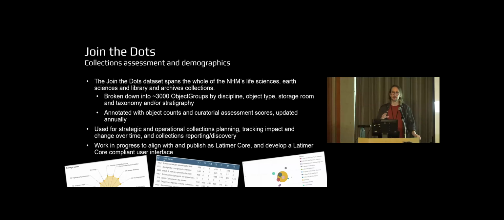So it divides the collection into 3,000, thinks about the object types, the storage room, the taxonomy, stratigraphy, and we do various kinds of curatorial assessments on the utility of the collections, how digitized they are. So again, it gives us a good strategic and operational tool to use in terms of thinking about the collections. And whilst this isn't in Latimer Core format at the moment, we're currently porting this into Latimer Core. So I think that would be really handy.